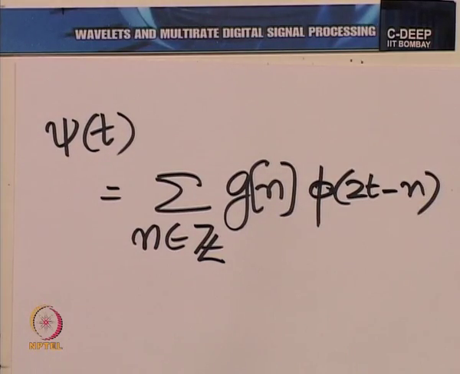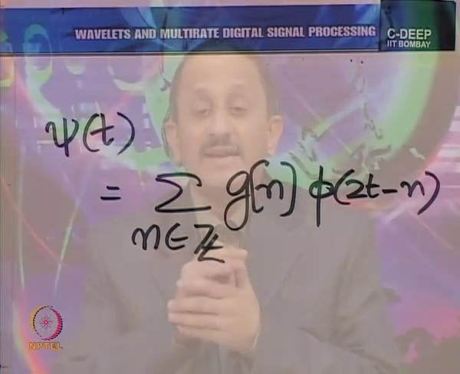So, in the time domain, we have made an intimate relationship. The low pass filter impulse response allows us to expand essentially phi t in terms of its own dilates and translates, the scaling function in terms of its own dilates and translates.